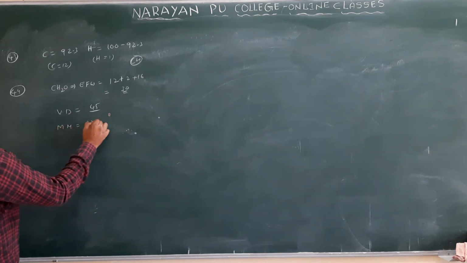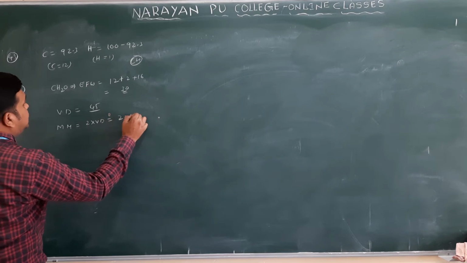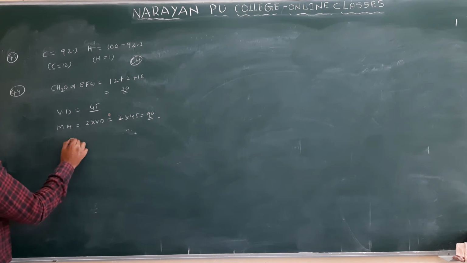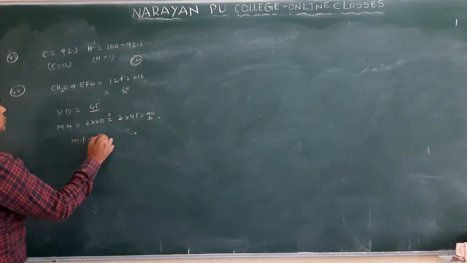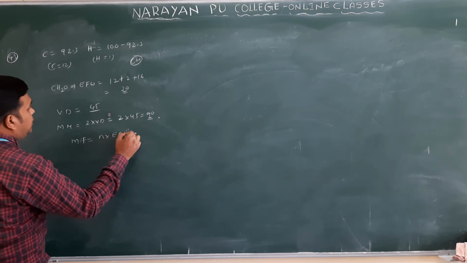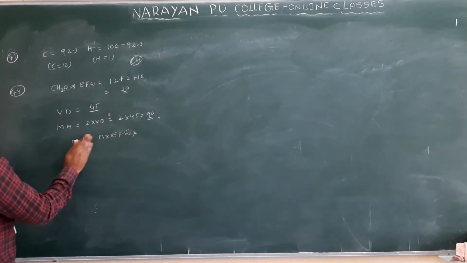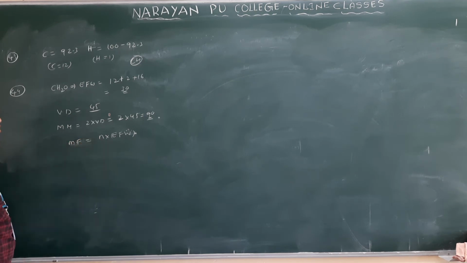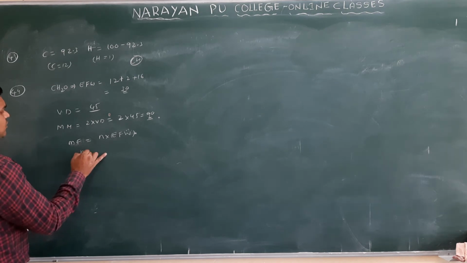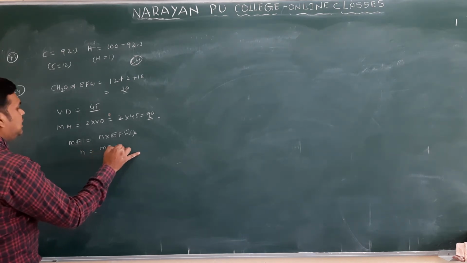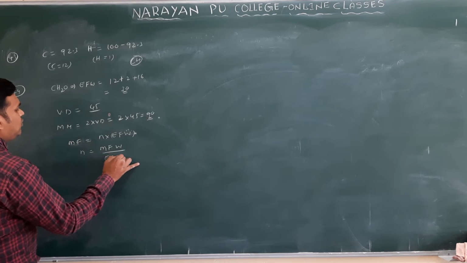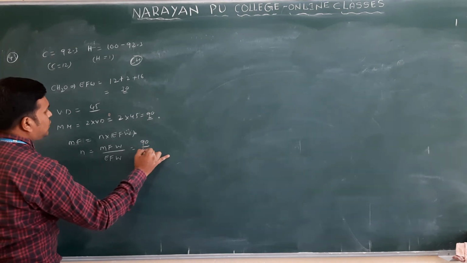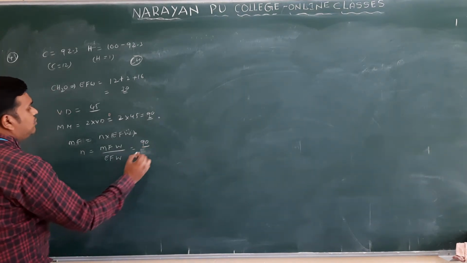You know one formula: molar mass is equal to 2 into vapor density. From this you will write 2 into 45, that is equal to 90 only. Molecular formula weight is equal to n into empirical formula weight. So n is equal to molecular formula weight by empirical formula weight, that is molar mass 90 by 30 only.